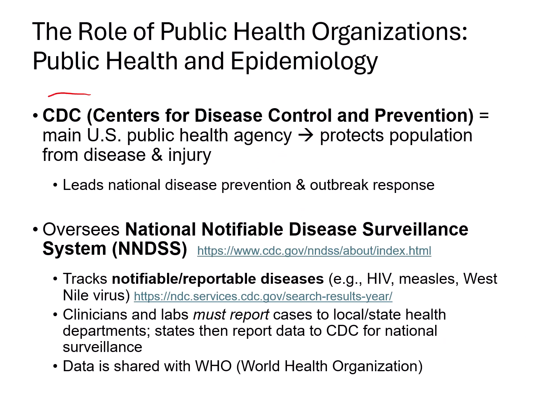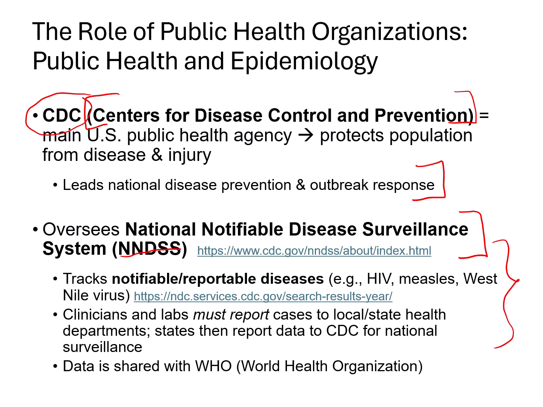The CDC, or the Centers for Disease Control and Prevention, is the primary U.S. public health agency, and they lead the National Disease Prevention and Outbreak Response. They also oversee the National Notifiable Disease Surveillance System, or NNDSS, and clinicians and labs have to report cases to local health departments.